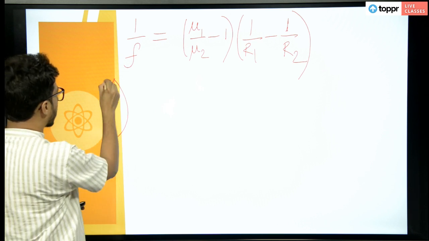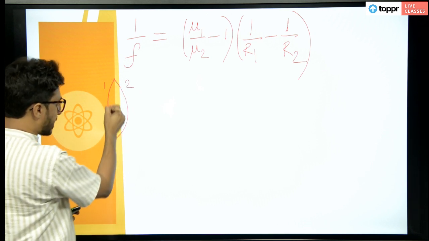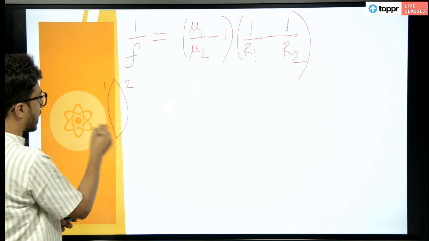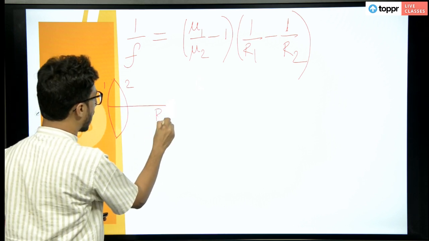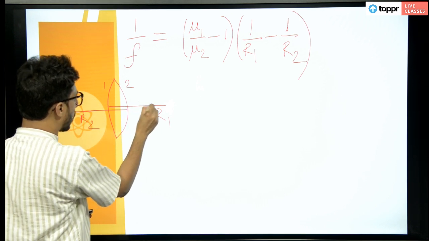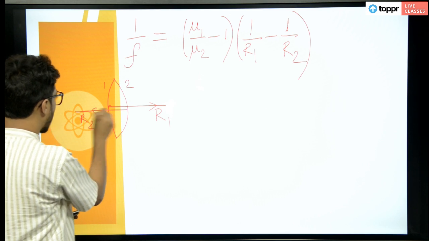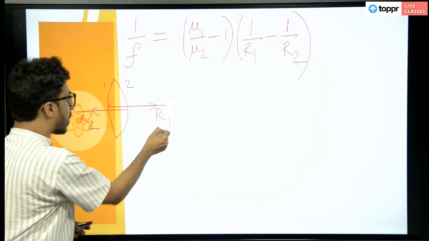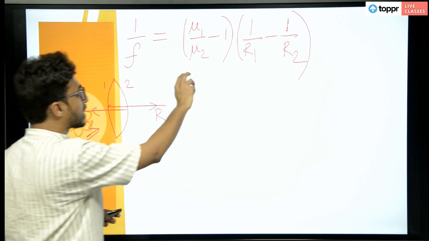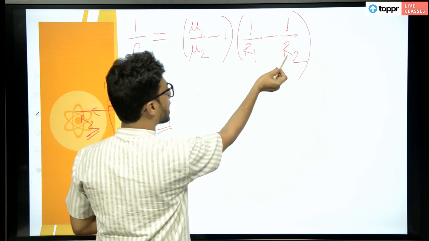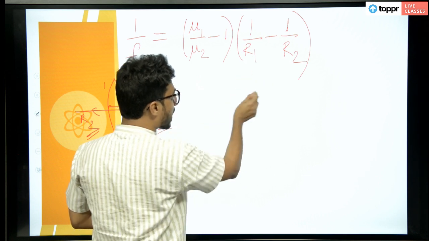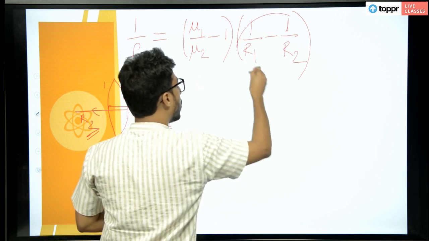So, for double convex, this is refracting side 1, this is refracting side 2. So, this is nothing but R1 and this is nothing but R2. We measure R1 like this and we measure R2 like this. So, R1 is positive, R2 is negative, so minus of minus becomes plus, and this whole thing becomes positive.